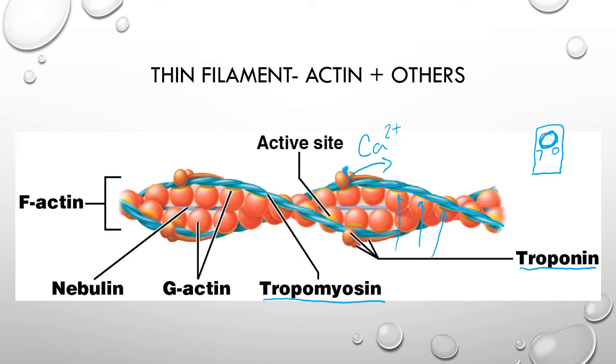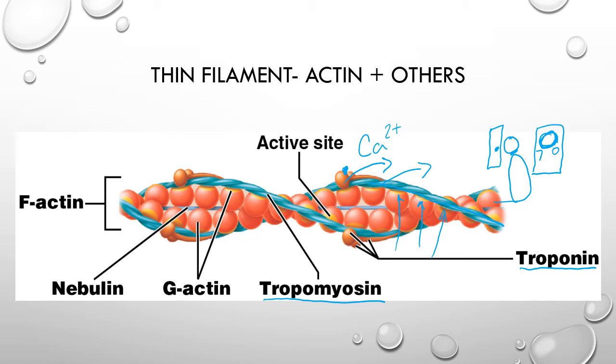It's going to move the troponin, which then moves the tropomyosin, and our door then opens up. And we can see our actin binding site and the actin behind it. And now it's ready for a myosin head to come in and bind to it. Now it can get to it. It has the ability to bind onto that binding site, and we can now have muscle contraction.